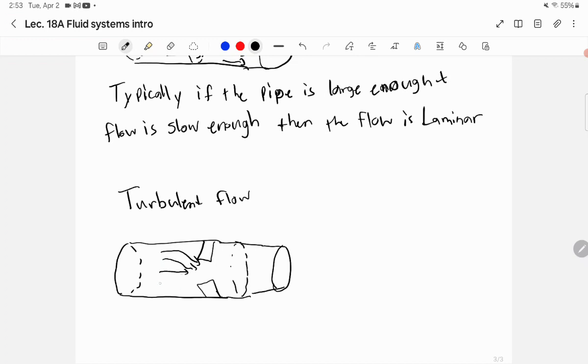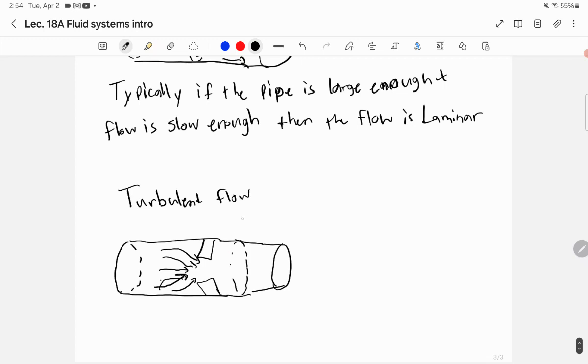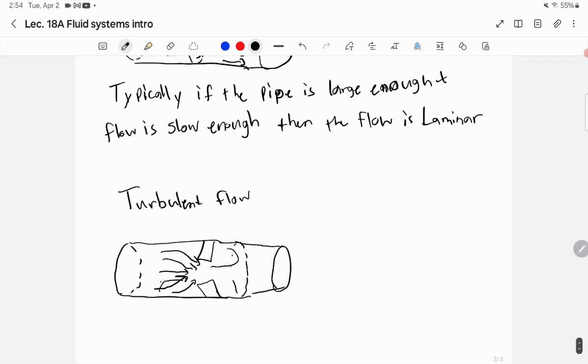This can still go straight through, but now the flow looks something like this. And when it comes out, because it's mixing and all of this stuff, we get something that looks like this in the flow. Okay, so this kind of chaotic mixing type behavior is turbulent flow.